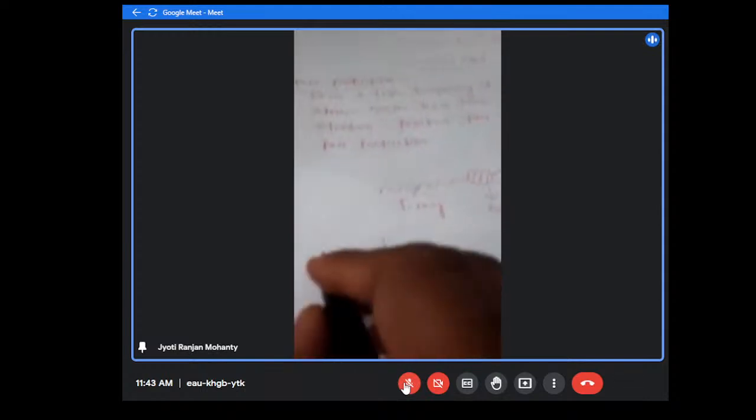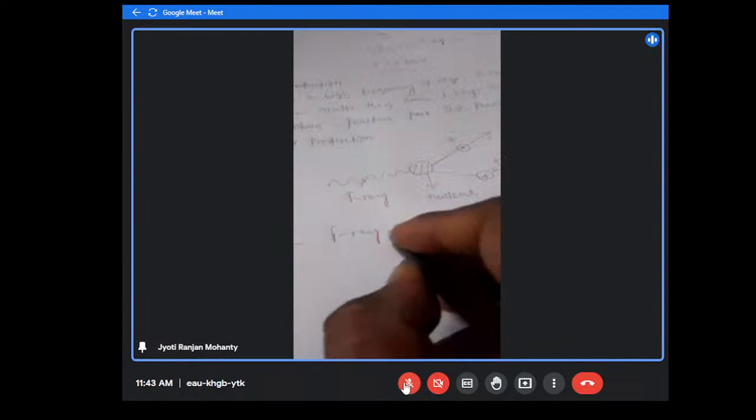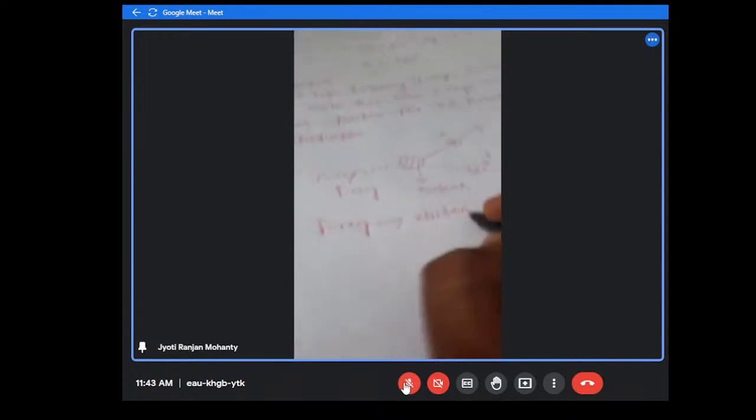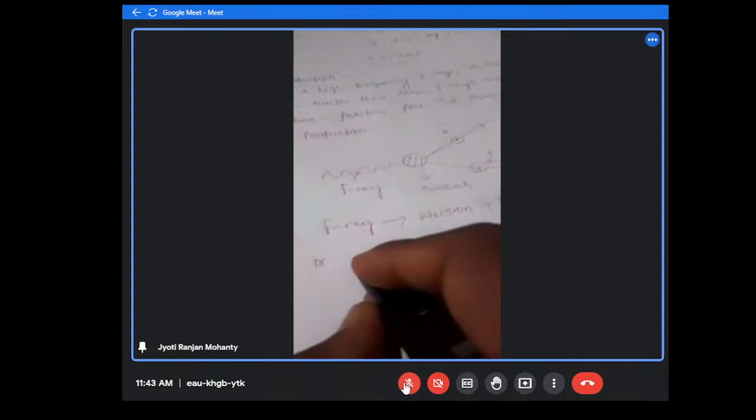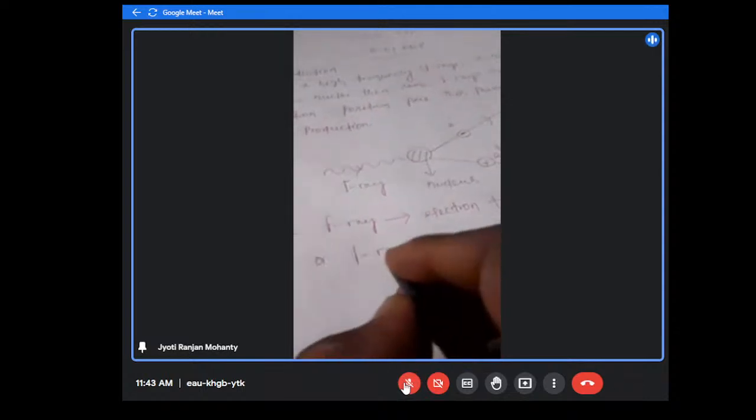So from the gamma ray I am getting an electron plus a positron. Or I can write gamma ray gives electron, e minus, and positron, e plus.